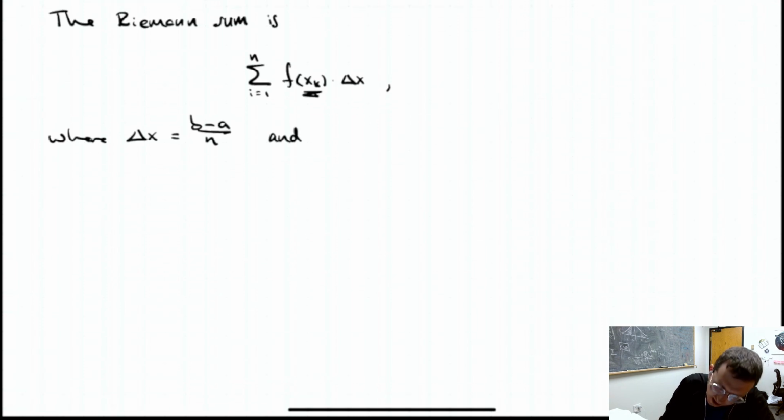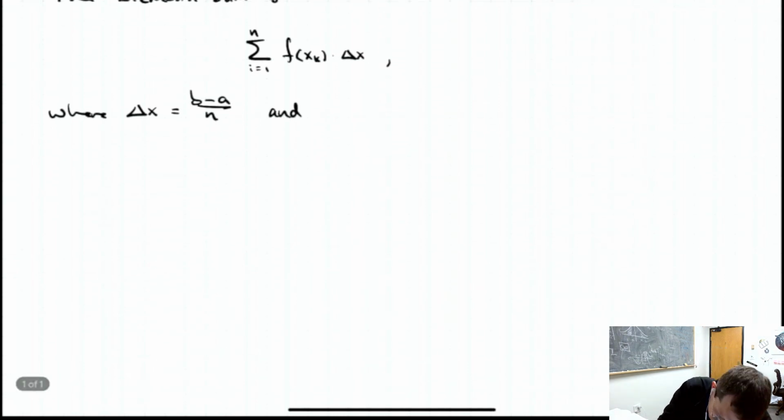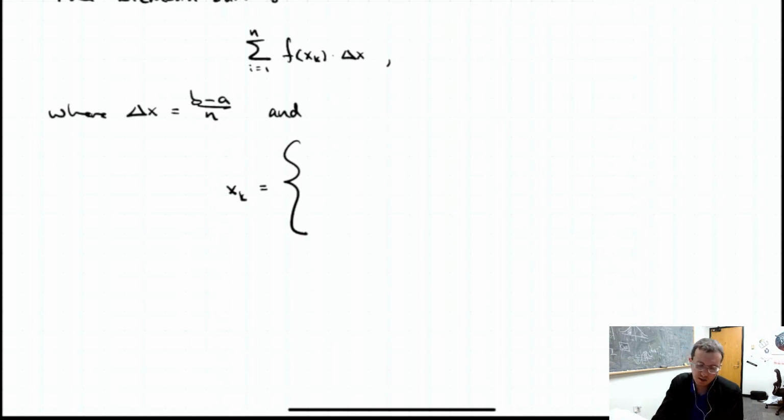Now x sub k is the x-coordinate of the kth rectangle. What exactly that is depends on whether you're doing a right Riemann sum, a left Riemann sum, or a midpoint Riemann sum.